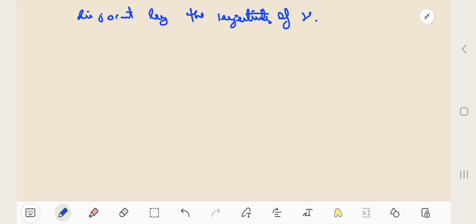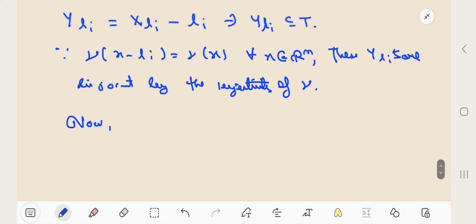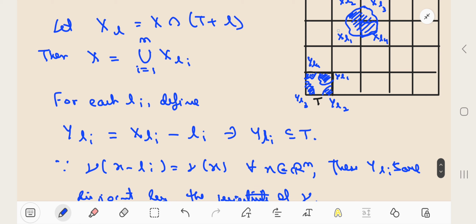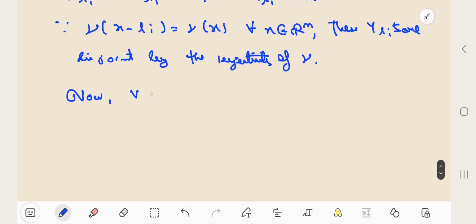Now what more can we do from this? Observe that the volume of each of these XLis is exactly the same as the volume of each of these YLis, right. You can easily follow it from this diagram. The volume of each XLi exactly equals the volume of each YLi, and this happens for all i.